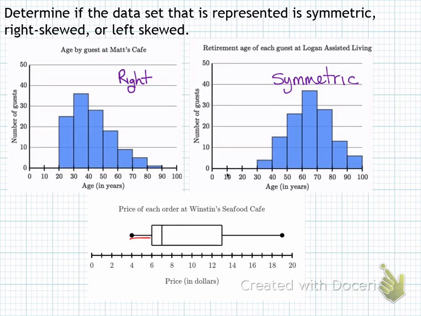So 25 people had an order between $4 and $6. 25 people had an order between $6 and $7. And then 25 people had an order between $7 and $13, and 25 people had an order between $13 and $19. Okay, so my median is back here at 7, but do you see that the range of this, I have values going from 4 all the way up to 19.